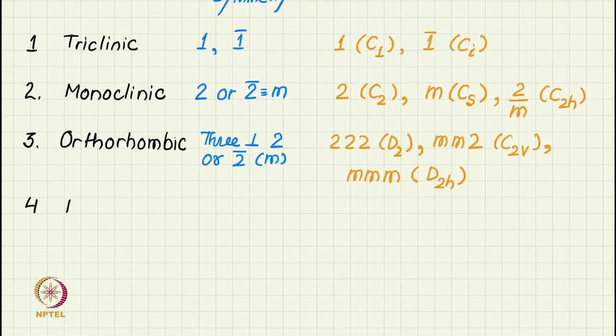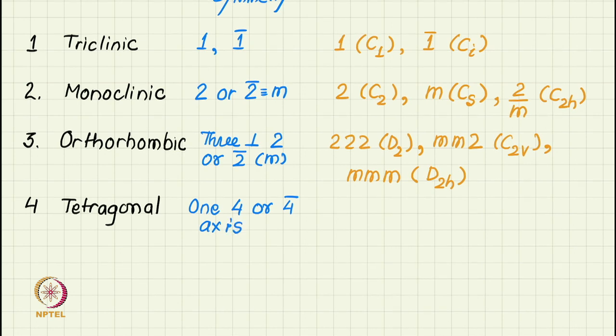Then let us come to the tetragonal crystal system. Here the requirement of symmetry is 1, 4 or 4 bar axis.